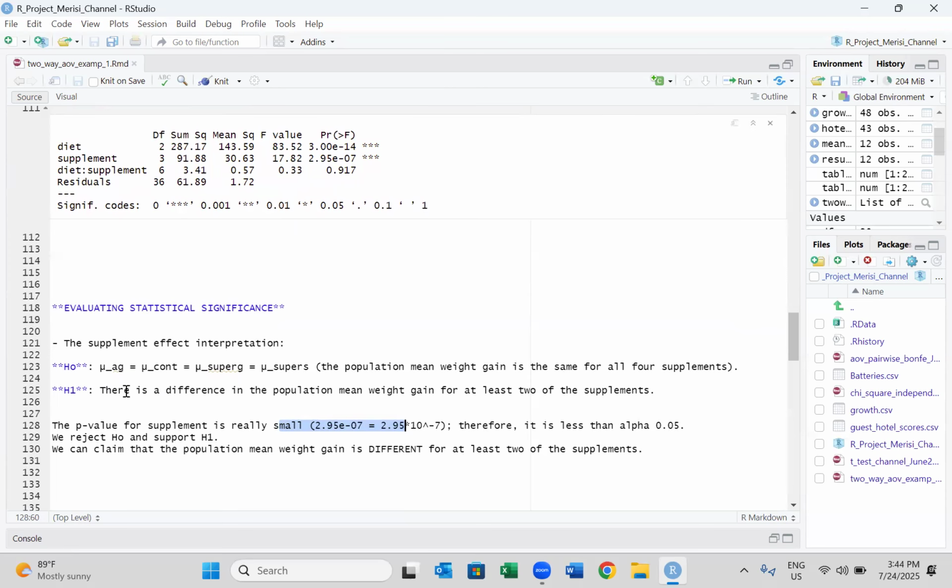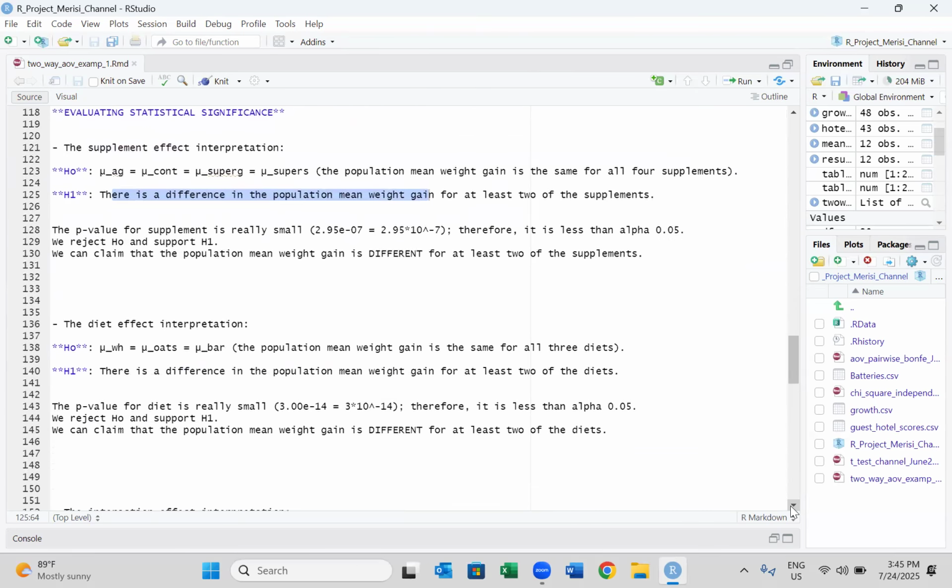So if we support H1, we can conclude that there is a difference in the population mean weight gain for at least 2 of the supplements, okay? So the difference in supplements is significant. And then how about diet? Well, the p-value for diet is also very small, okay?